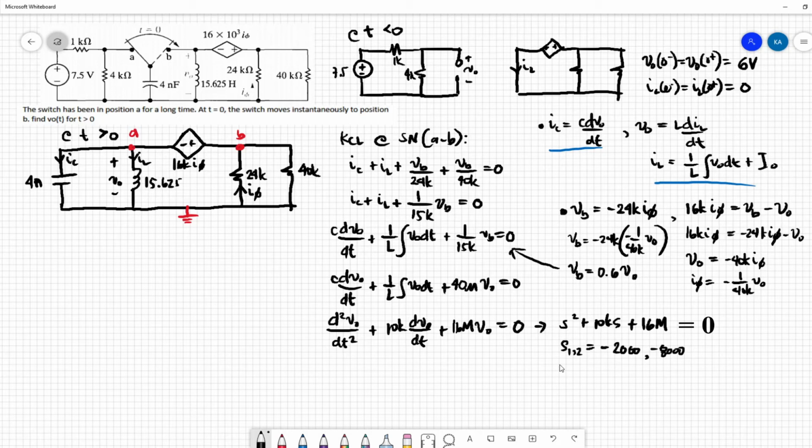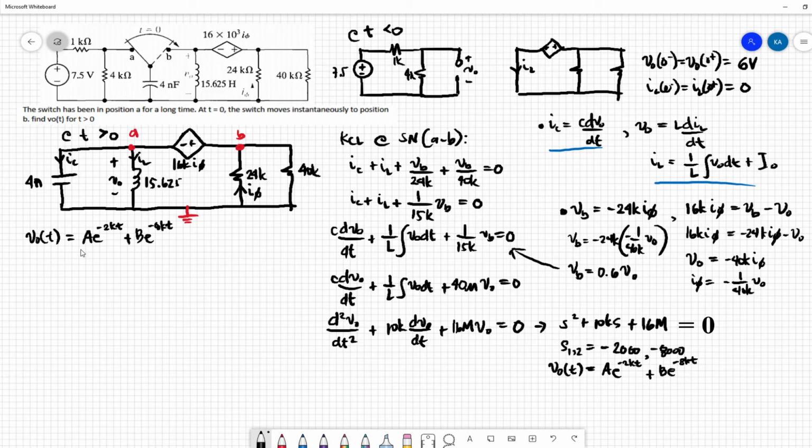Our natural response is Vo of t equals A e to the negative 2kt plus B e to the negative 8kt.